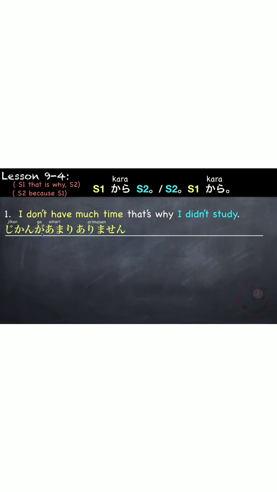時間があまりありません。That's why から I didn't study. 勉強しませんでした。時間があまりありませんから勉強しませんでした。We can reverse this by saying the outcome first and then the reason next.